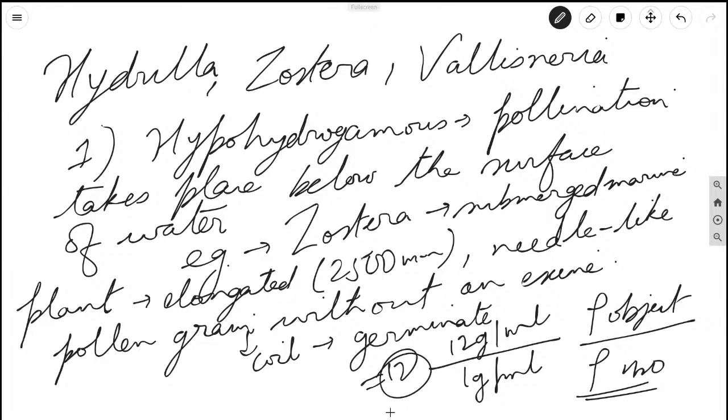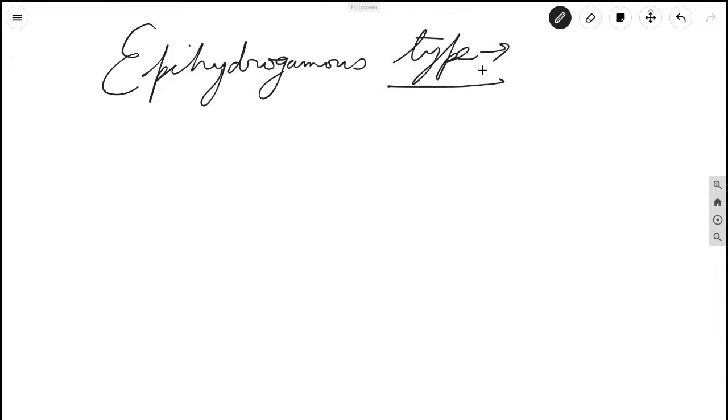We will be coming on to another type of pollination, that is epihydrogamous type, under hydrophily. This means what? Epi means above, like epithalamus, which is a part of the diencephalon.